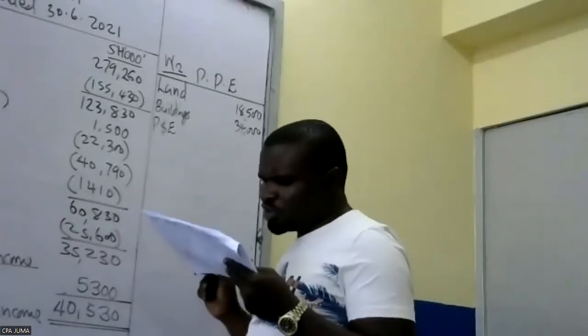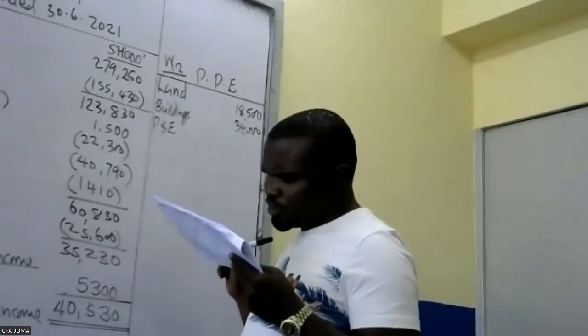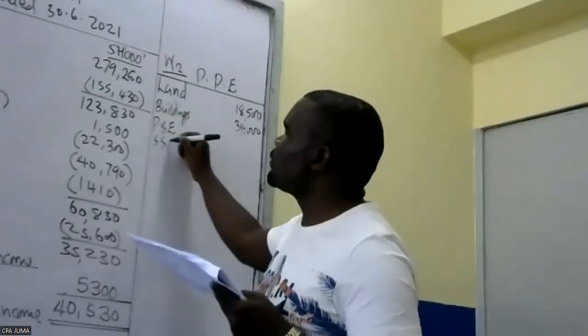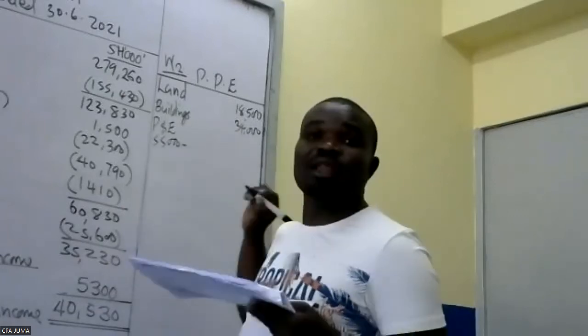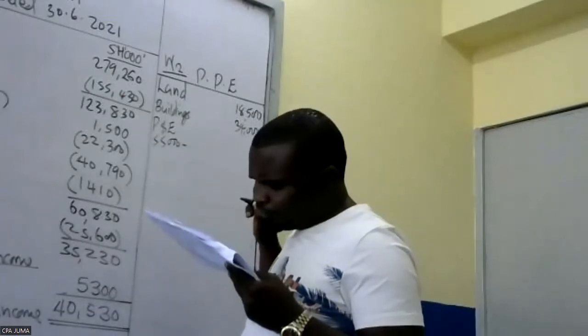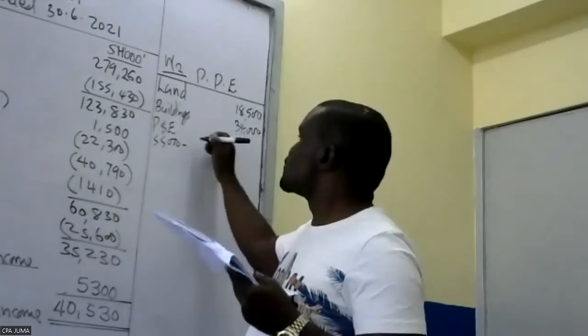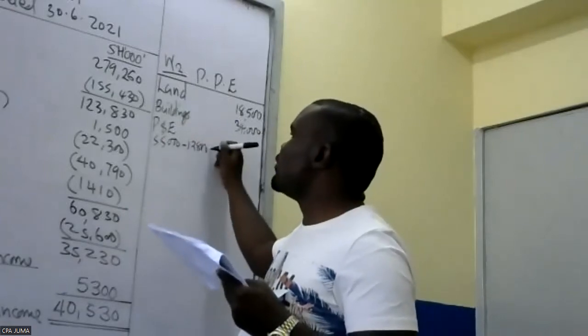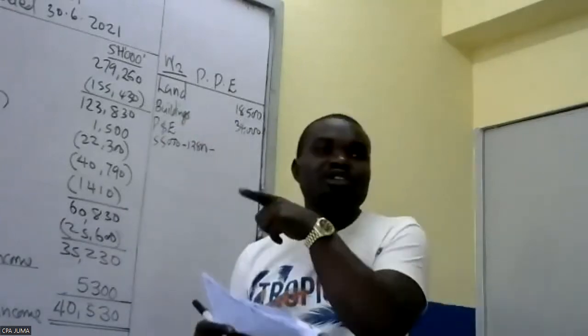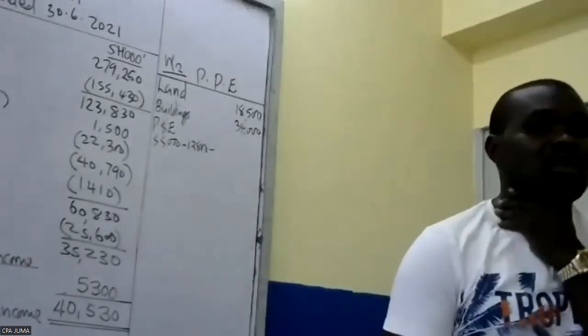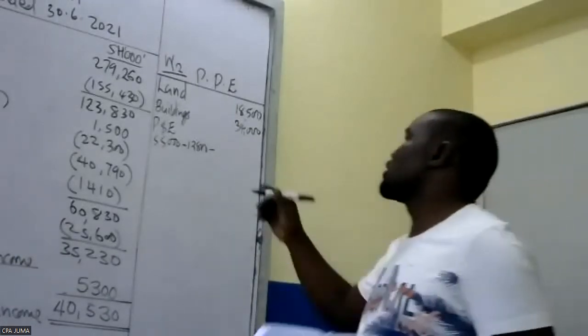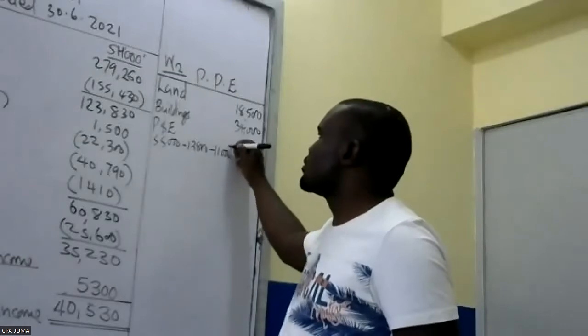What was the cost? 55 minus accumulated depreciation 12,800. And this year you charge how much? Check your allocation schedule for P&E. 11,000. So subtract.